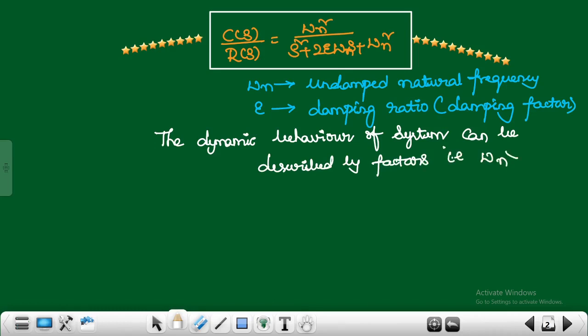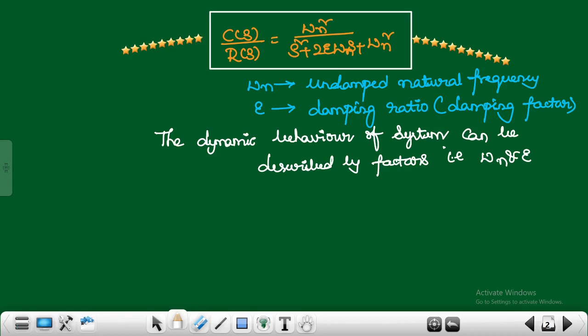Omega n and zeta. So that is the importance of that. If you want to know the dynamic behavior of the system, you have to consider the factors omega n and zeta.